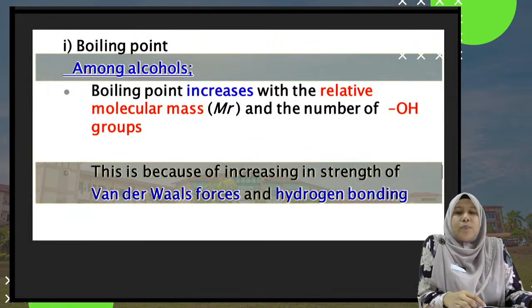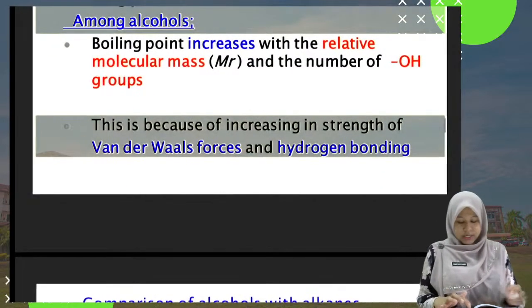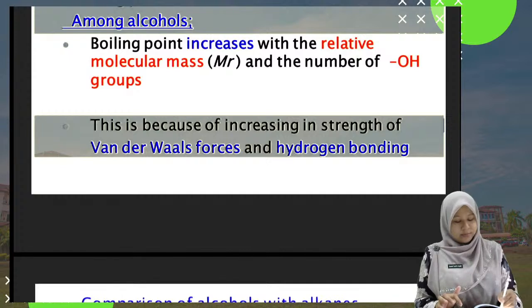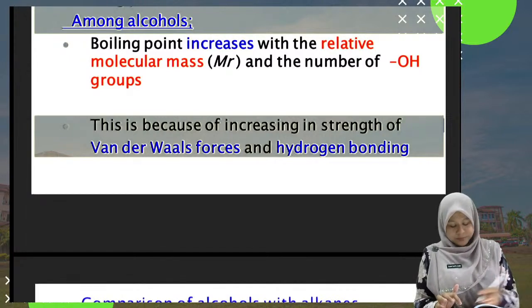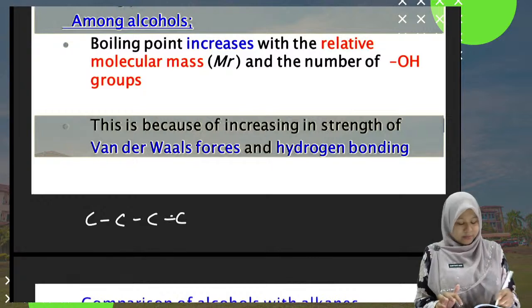Okay, we go for the boiling point among alcohols. The boiling point among alcohols will increase with the relative molecular mass and the number of OH groups. Okay, so if I draw here, we have 4 carbon and compare with 2 carbon.